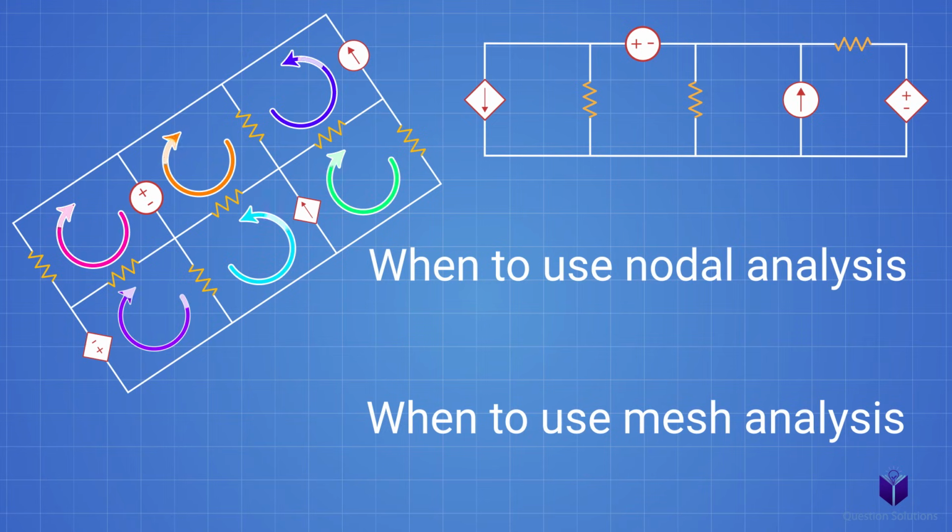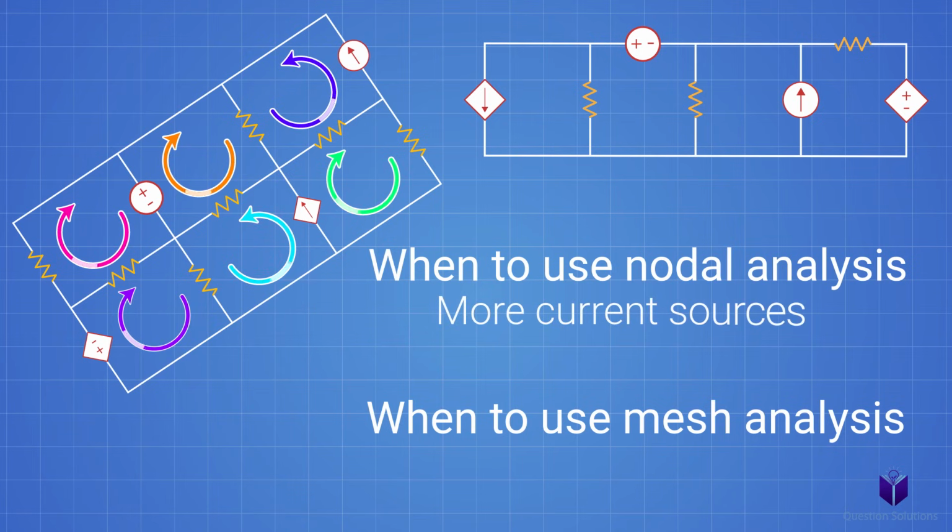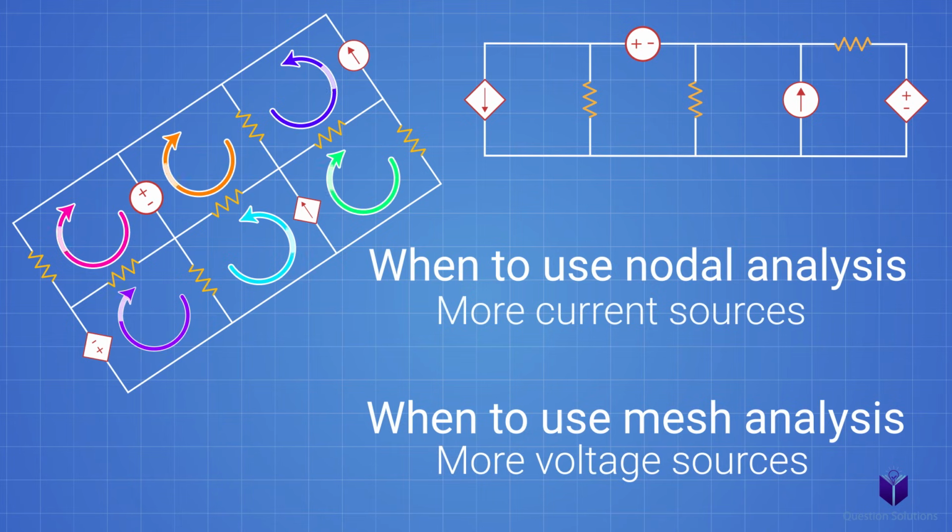Does it have more current sources or voltage sources? If a circuit has more current sources, it's usually easier to use nodal analysis since we write KCL equations. And if a circuit has more voltage sources, it's usually easier to use mesh analysis since we write KVL equations. But that's not always the case.